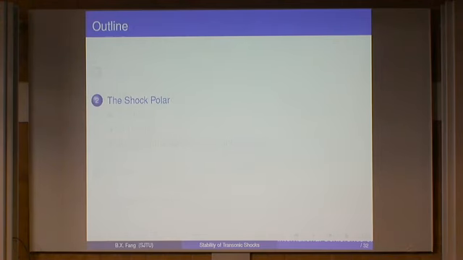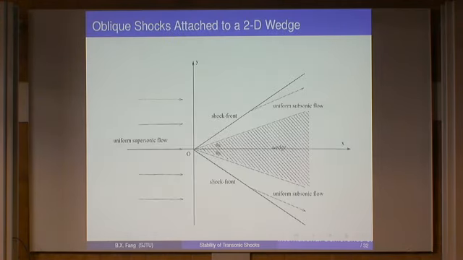So then we're starting from a 2D case. For 2D case, the wedge is in this shape, and we have a uniform supersonic flow, and the shock front is a straight line. So then the flow changes its direction to parallel to the wedge. So if the angle of the wedge is small, the shock front will attach to the tip of the wedge. So we have this picture.